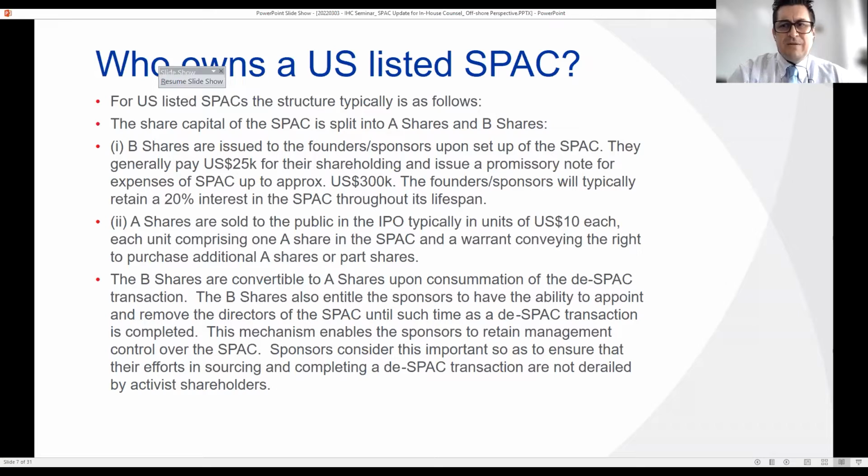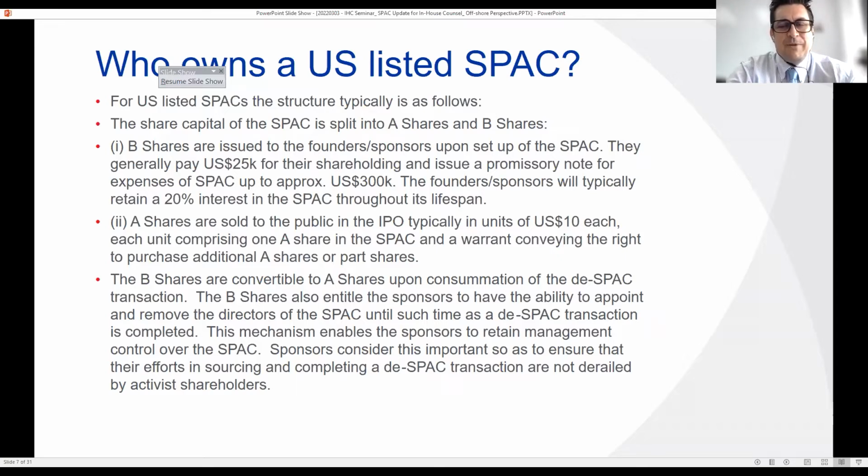The B shares are not publicly traded shares, and it's usual for the sponsors to hold a 20% voting interest in the SPAC until such time as the de-SPAC is completed. The way that the B shares are paid for is that there is usually a contribution of US $25,000, which is made initially to constitute the initial subscription of shares by the sponsor.